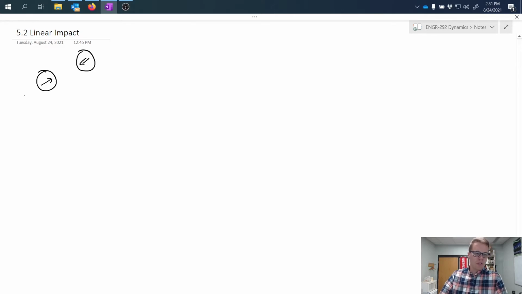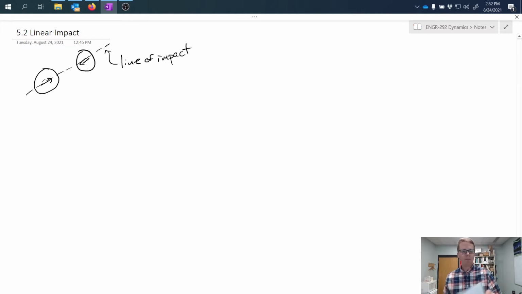And these two objects that I've drawn here are moving along, if I could draw accurately, moving along a line until they make contact. And this line we're going to refer to as the line of impact, appropriately enough.